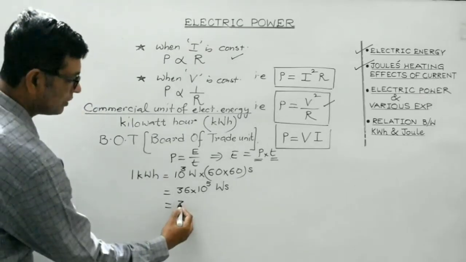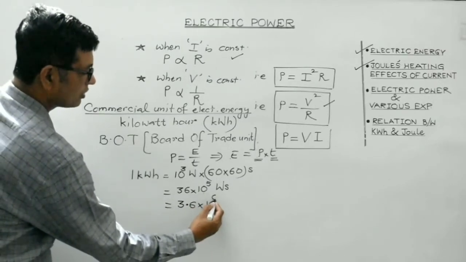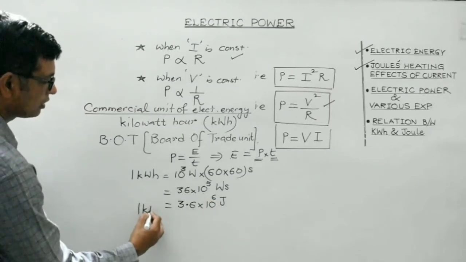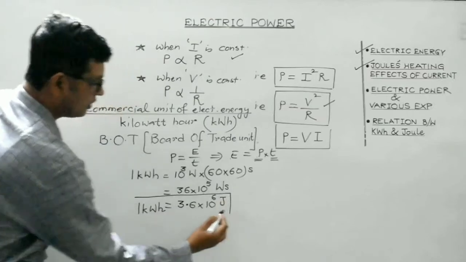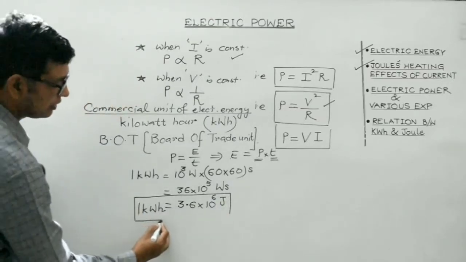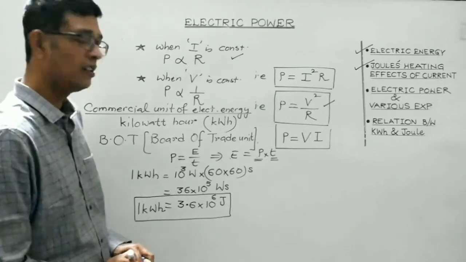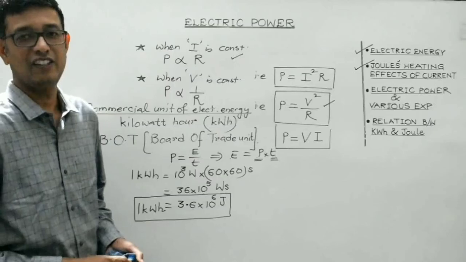So it can be written as 3.6 into 10 raised to the power 6 joule. So 1 kilowatt hour is equal to 3.6 into 10 raised to the power 6 joule. So this is the relationship between the commercial unit of electrical energy and the SI unit of electrical energy.